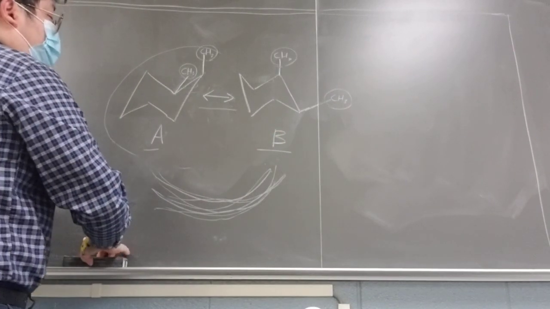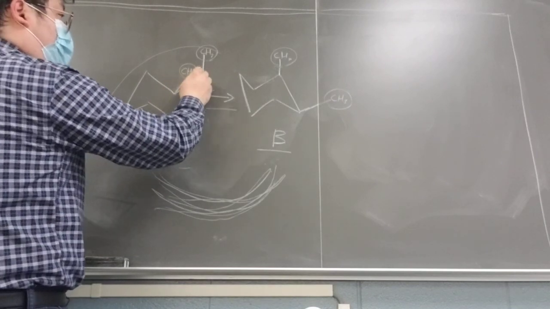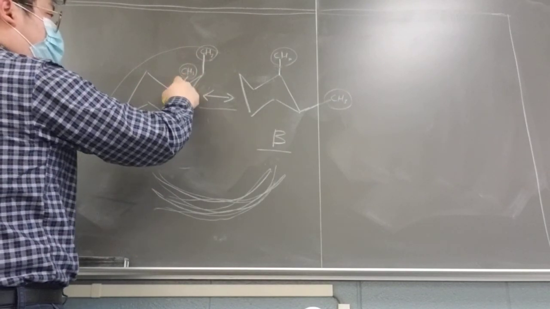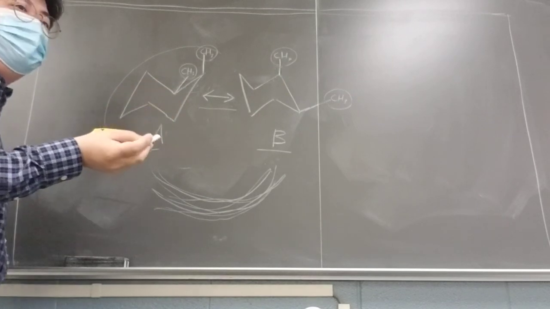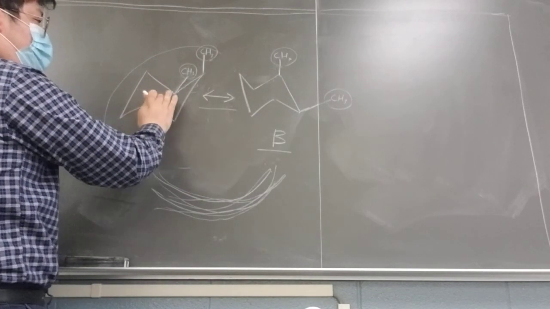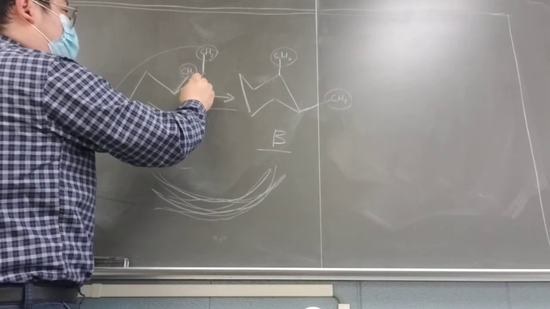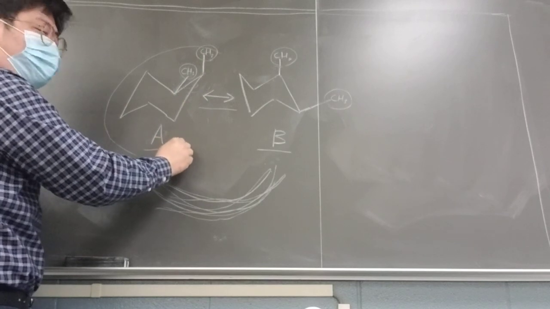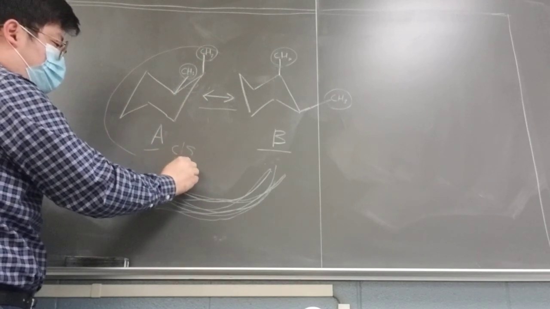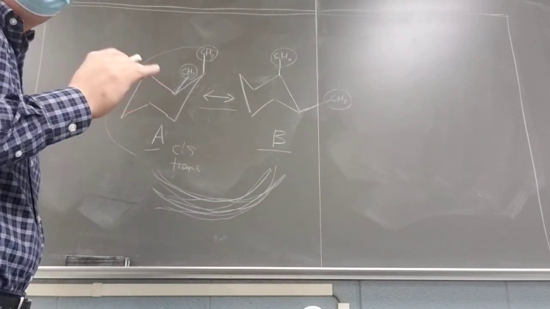So if you look at this one here, this is equatorial up, this is axial up. So these two methyl groups are heading almost the same direction based on this plane, on this cyclohexane base. So is this cis or trans? Can you guys guess? Cis, perfect. So this is the cis 1,2 dimethyl cyclohexane.